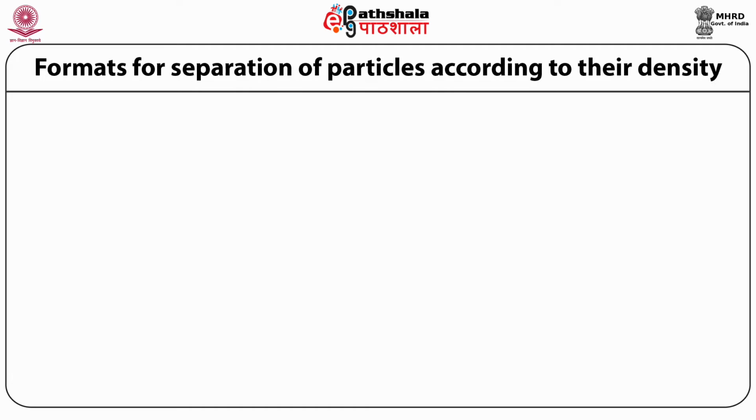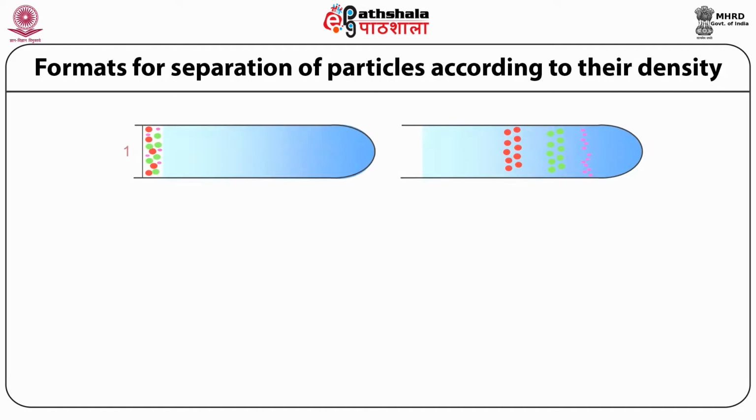We further describe the same thing in a diagrammatic way. You can see here that particles of different density are kept at the top and centrifuged for a longer time. Once it is centrifuged, you can see in the first figure the particles of different density: the lowest density settles at the top and the heaviest density settles at the bottom.